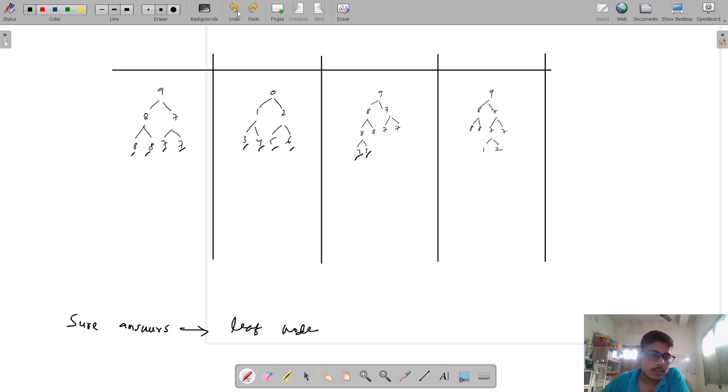So all the leaf nodes are a single subtree. I mean when you consider the leaf node as a tree, a subtree. Okay. So this is my sure answer. So I am going to write the sure answers first. The sure answer. Okay. So these are 8, 8, 7, 7.